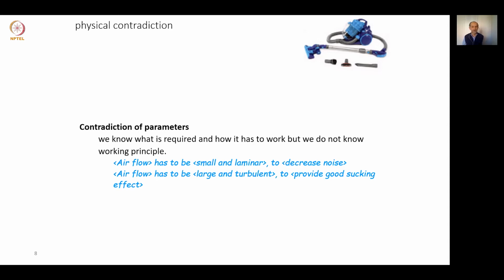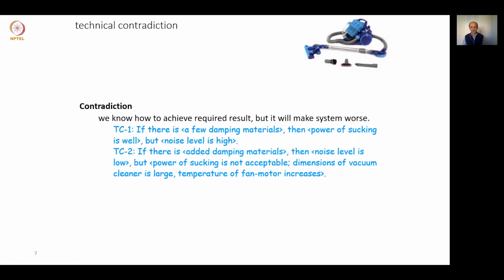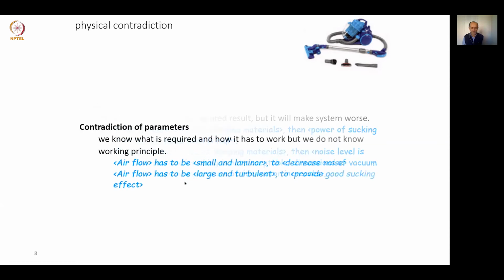The contradiction of parameters is the level of the physics of the process. If the previous contradiction was mostly formulated on the level of applied technologies, like let's add damping materials or let's remove damping materials, the physical contradiction explains to us why we have noise at all.